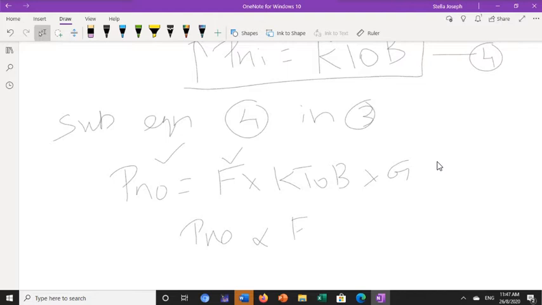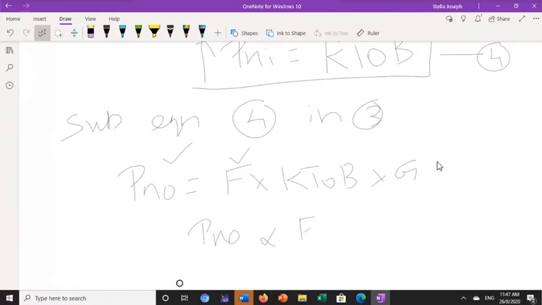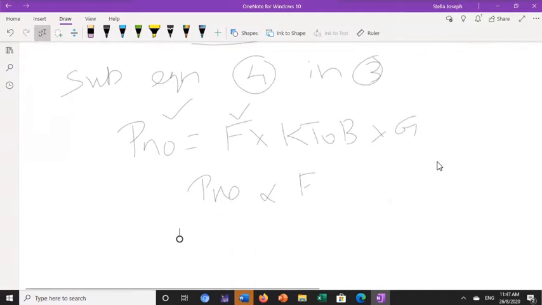Then consider the output signal to noise power ratio. If PNO gets increased, the noise is increased. Will I get a better SNR? No, I will get a poor SNR because PNO is increased.